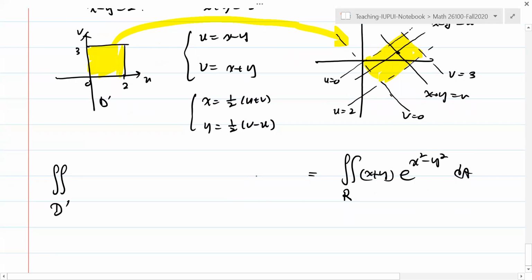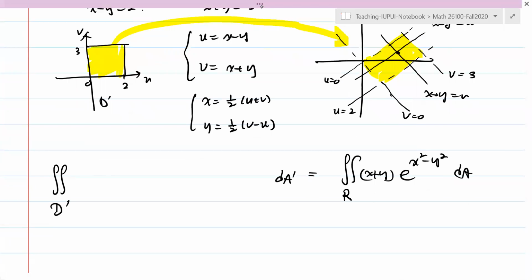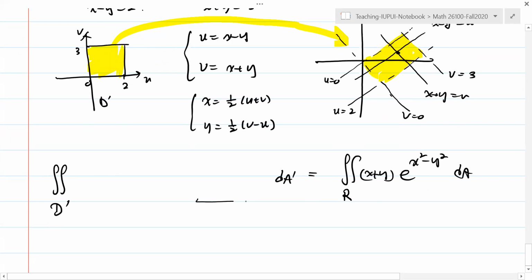So this is dA prime, and this will be some function. You have to put something here, so let's figure it out. And you have to have a determinant. This part is the absolute value of the determinant, and this is a part of the function. So this will be f.